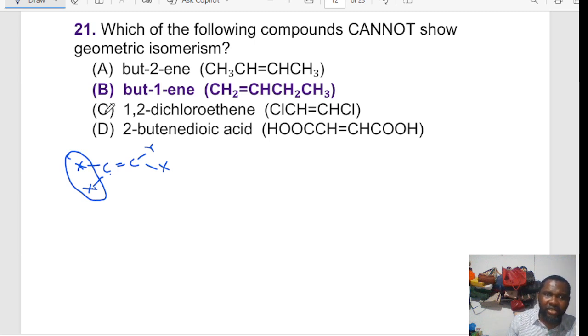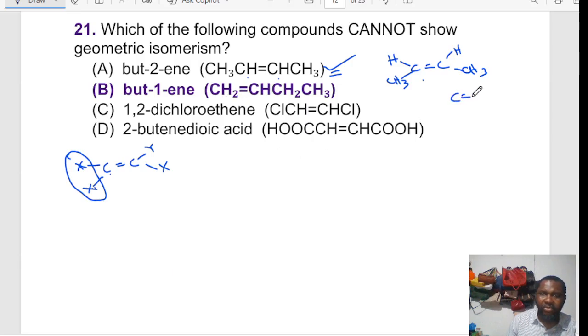Now let's draw the isomeric structures for this one. If you want to draw an isomeric structure, you start from the middle. This is CH double bond, so I say C double bond C. You have the first hydrogen here, you have the second hydrogen here, then you have CH3 here, and you have the second CH3 here. That's the open structure for this. For this one, see where the double bond is.